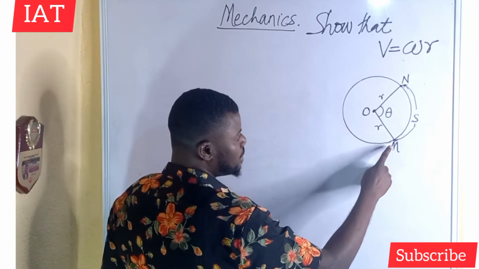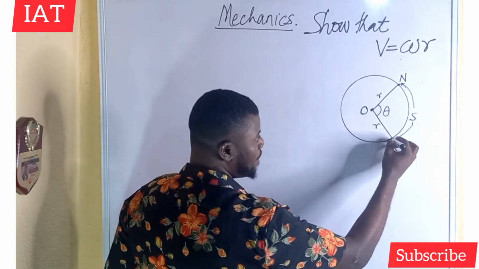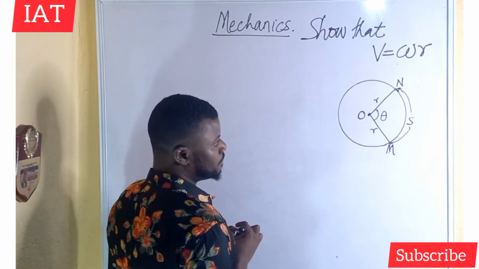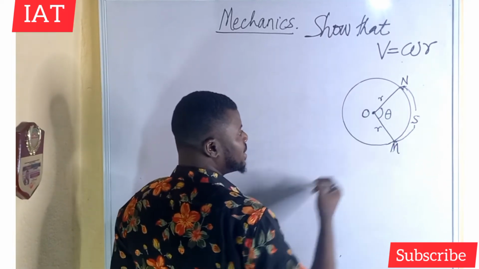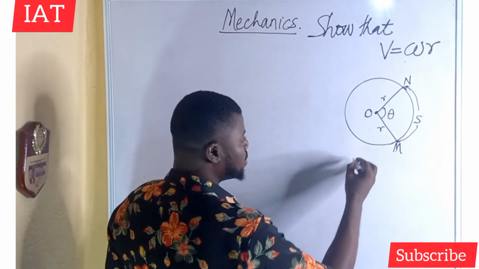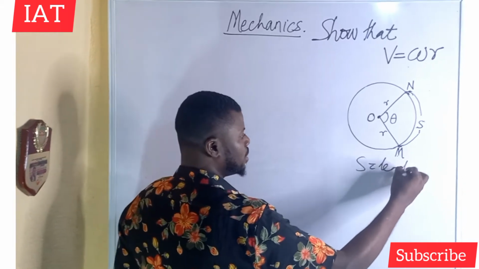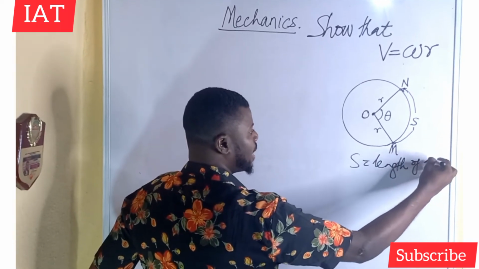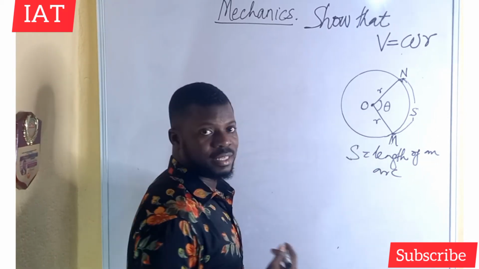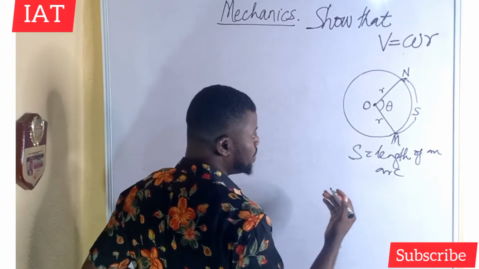At this point, if a body moves from point M to point B, it will sweep an angle called theta. And this S is indicating the length of an arc. So S here is the length of an arc, or some can call it distance or displacement as the case may be.